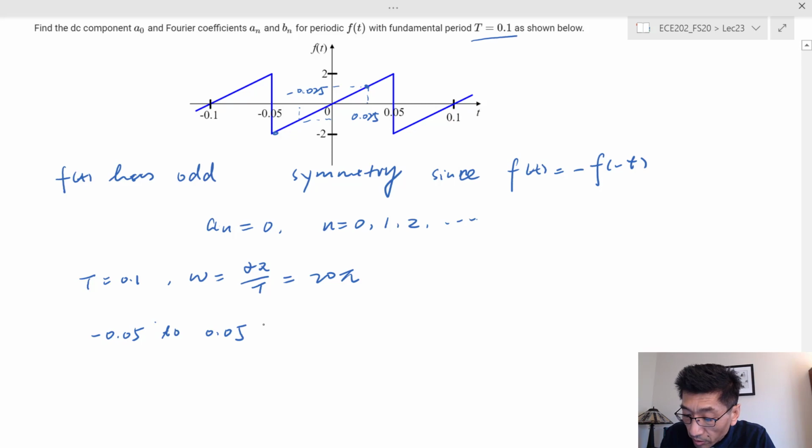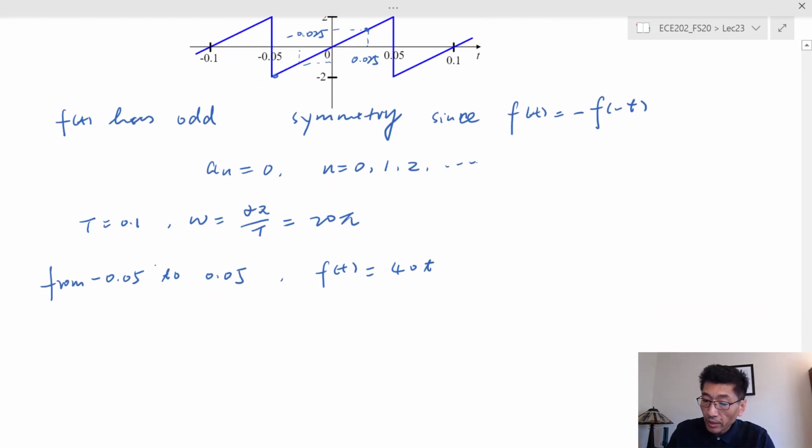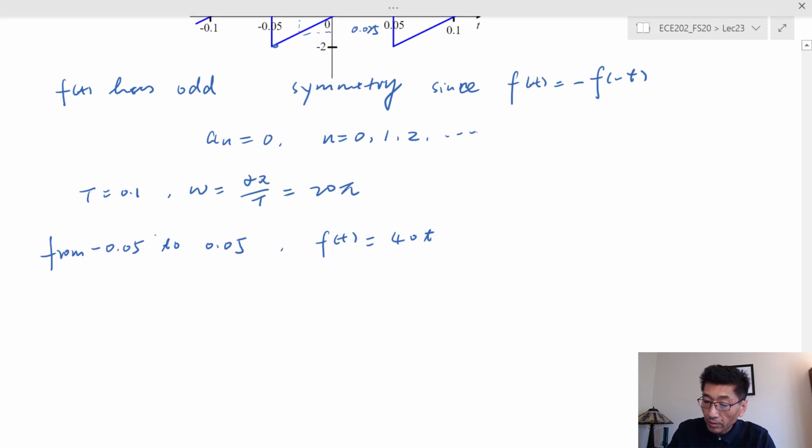During this interval, f(t) is just a straight line. What's the slope? The slope is going to be 2 over 0.05, so that's 40t during this interval. Therefore we can do the integration now.